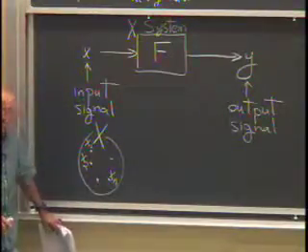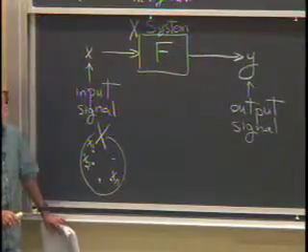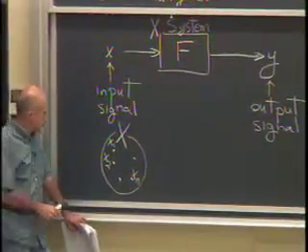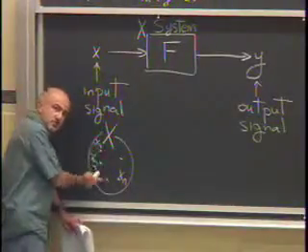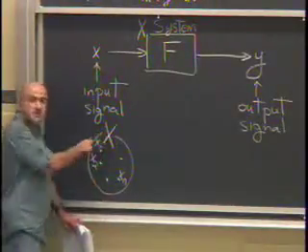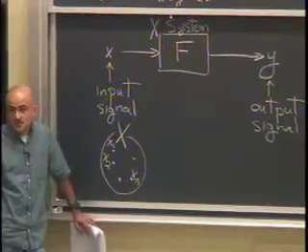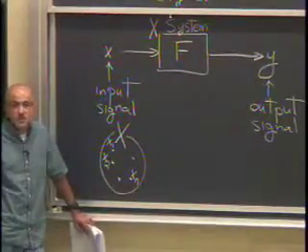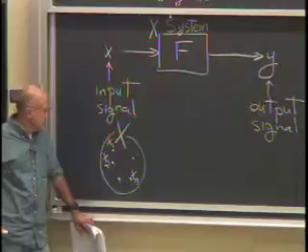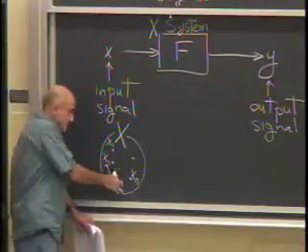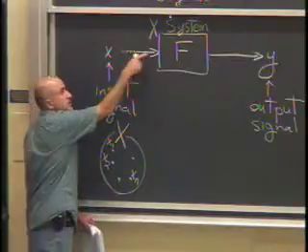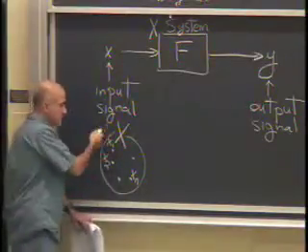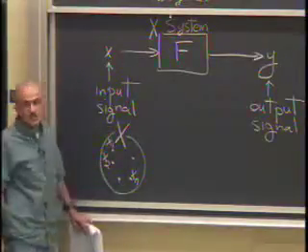Remember I said your education is a process of diminishing lies. I've drawn this as if I can count the number of elements in my space capital X. That's not necessarily the case. In fact, a lot of times it is not the case. But it illustrates the point that each of these input signals that I apply to the system comes from a set that I will call capital X.